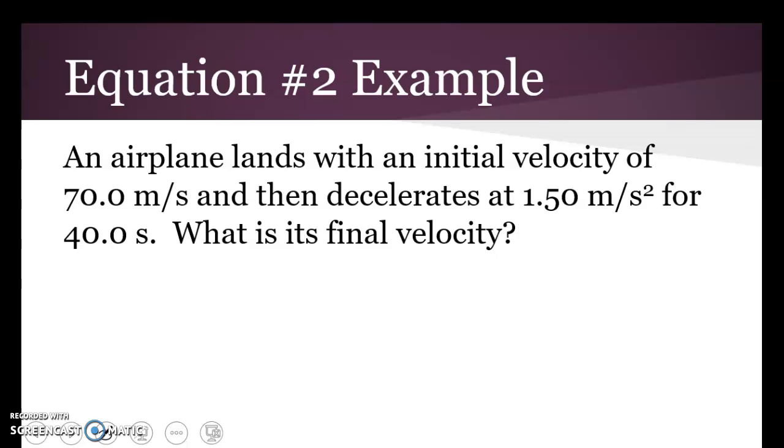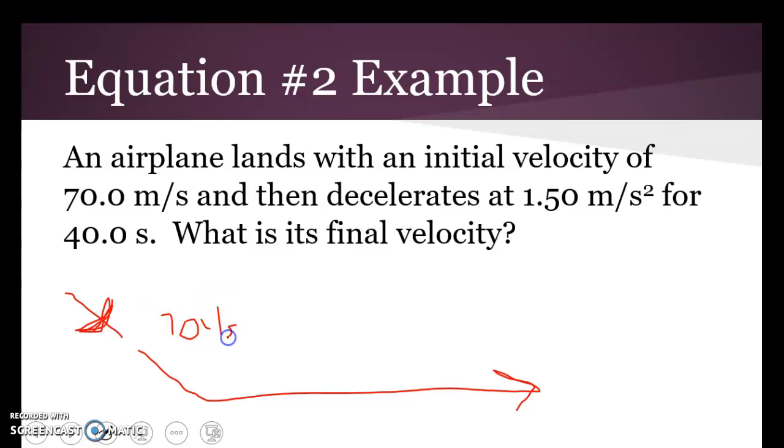So we got the airplane coming in, and this is my airplane, and it lands, right? We'll say it's landing because it's going to decelerate. But what is its final velocity? All right, so we know that it lands with 70 meters per second, so this is going to be our initial velocity.